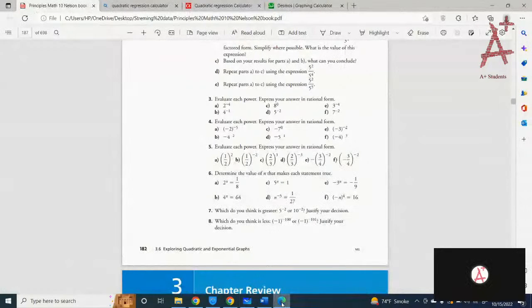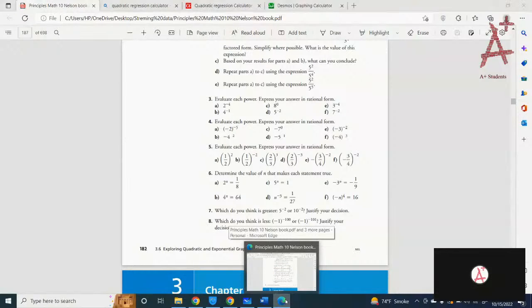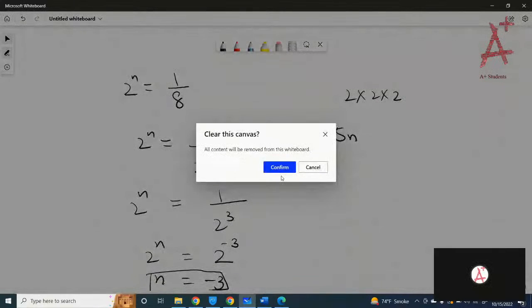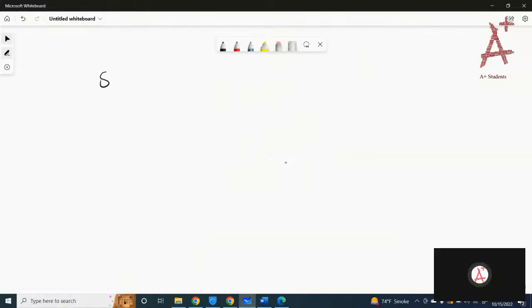The next one is 5 exponent n equals 1. We need to know that any non-zero base exponent 0 equals 1.